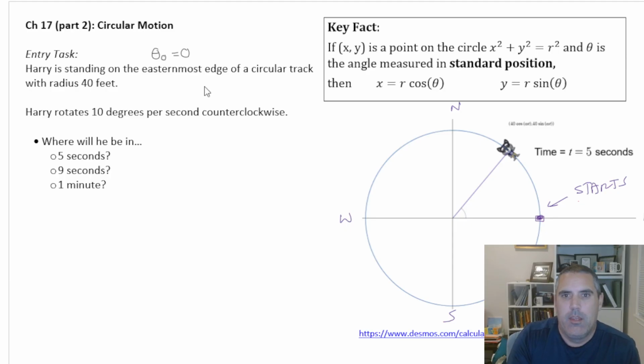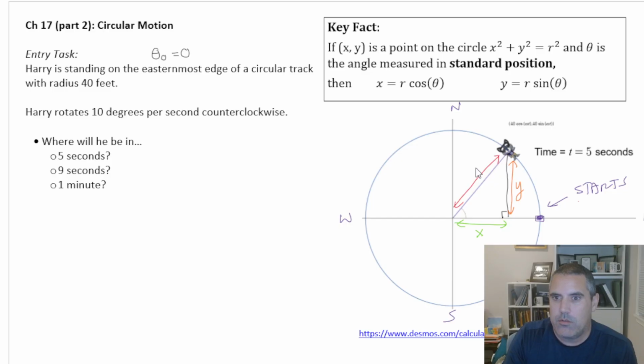In the previous sections, we talked about how you can draw a little right triangle when you're in the first quadrant. You can draw in other quadrants too, but we started in the first quadrant. We talked about how this value is the x-coordinate of Harry, how this value, y, is the y-coordinate of Harry, and how this length right here is r.